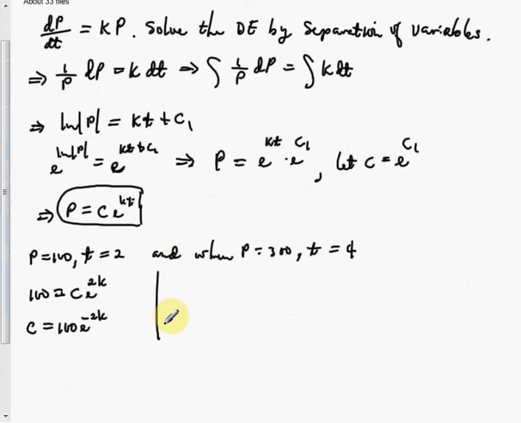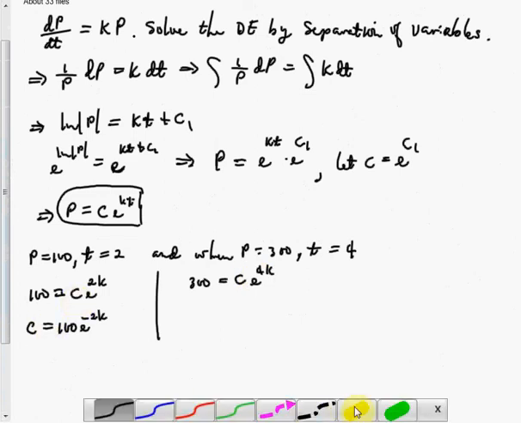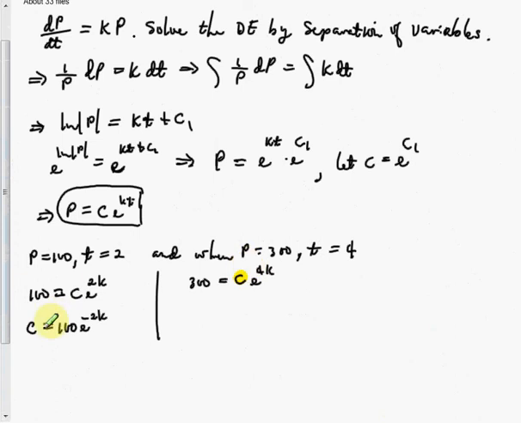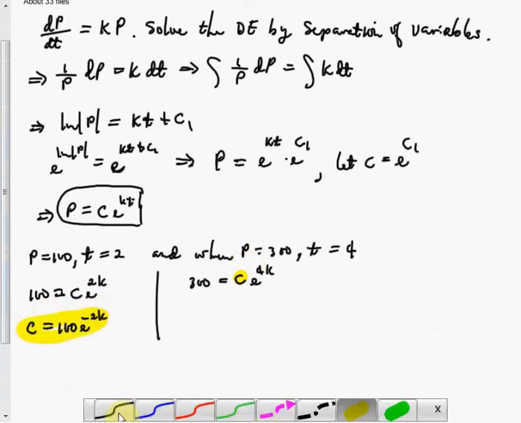Now on the other side, I have 300 is equal to C times e to the 4 times k. I'm going to replace this C with this information right here, trying to eliminate some of these variables.